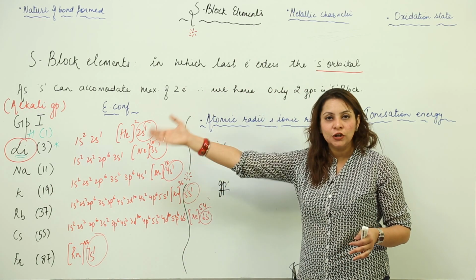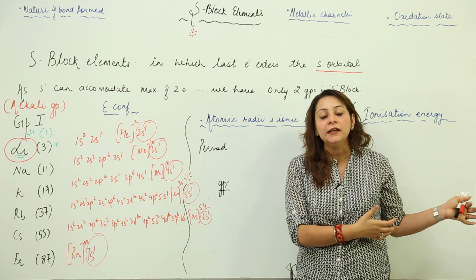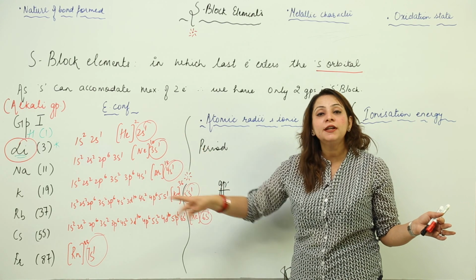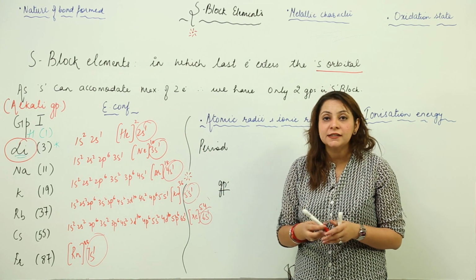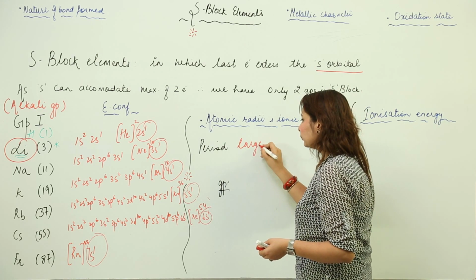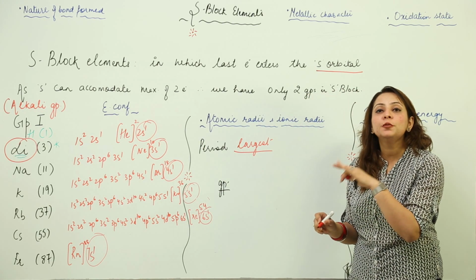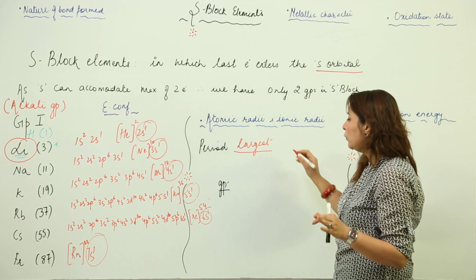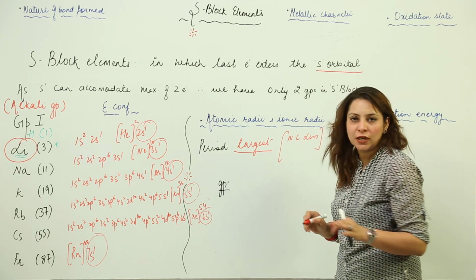As they are placed on the left side, and a period starts from the left and ends on the right, these members are the first members of each period, and their size is the largest of all. So among their series in the period, they are going to be the largest, right? And why are they largest? Because they possess very little nuclear charge.